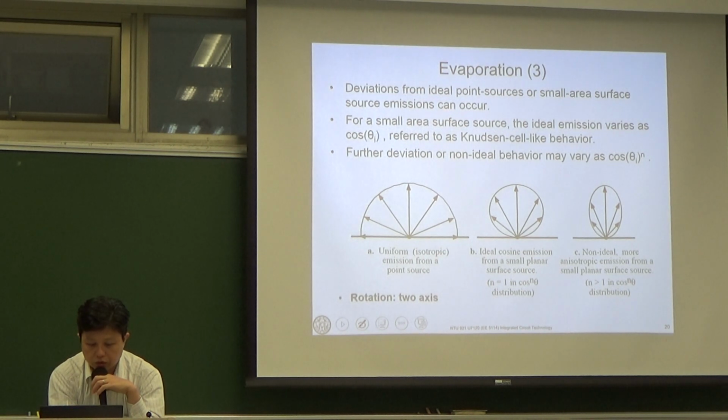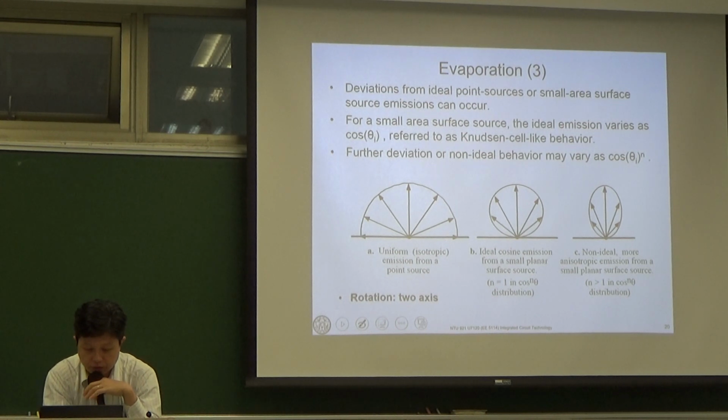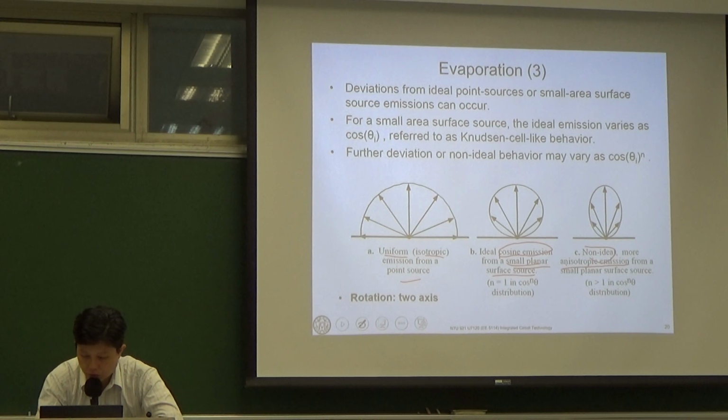But there are some other non-ideal behaviors. The first one, figure A, is a uniform or isotropic emission from a point source, and this one is an ideal cosine emission for a small planar surface source. And this is a non-ideal case. It's more anisotropic emission, which gives you this n larger than 1.